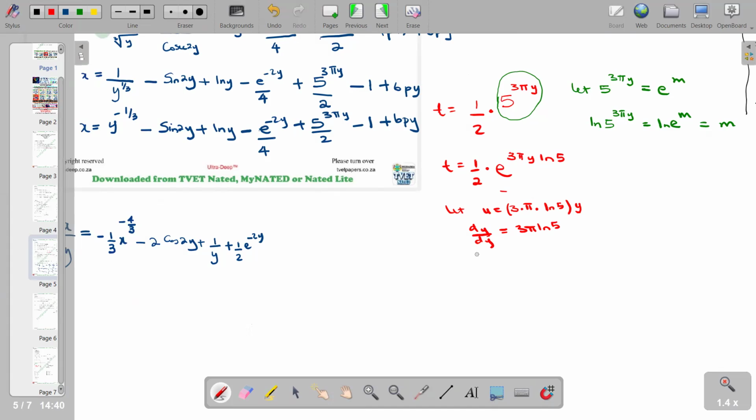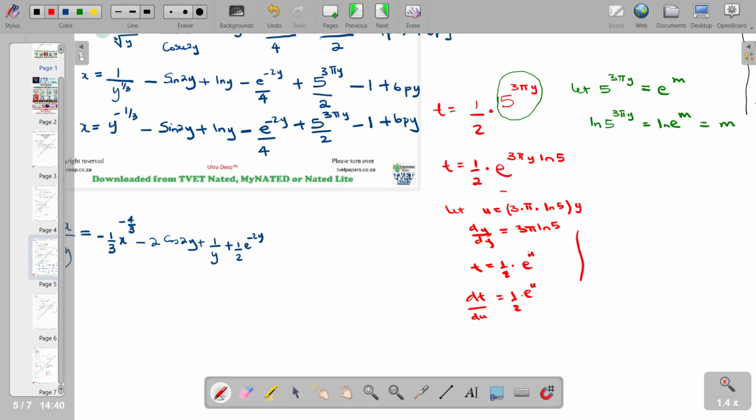Then it means your t is equal to half e to the power u. So it means dt du will be equal to half e to the power u.